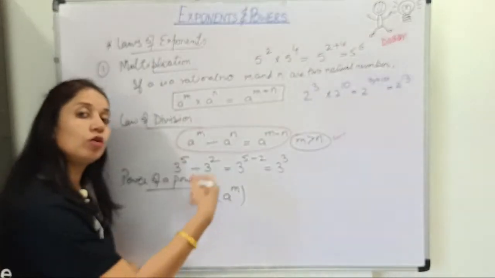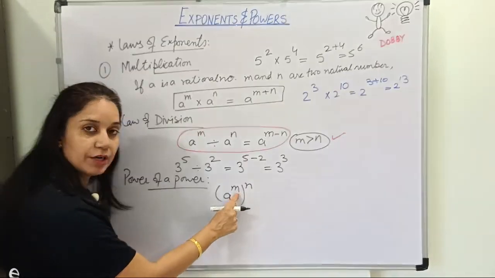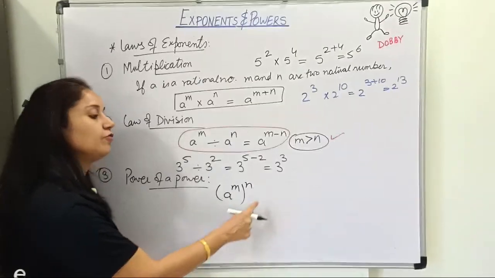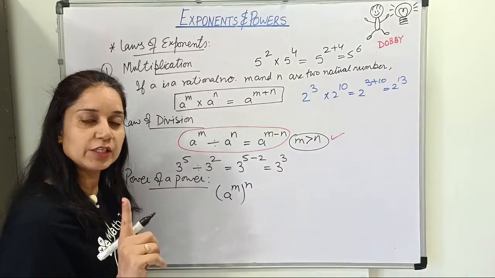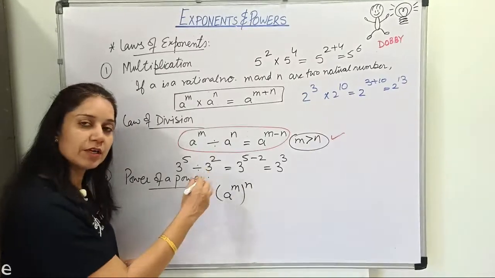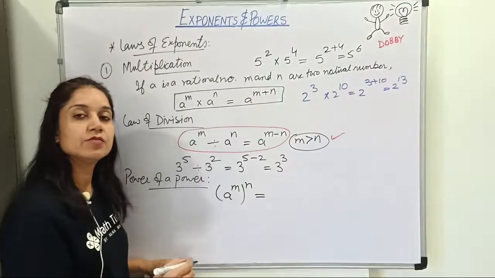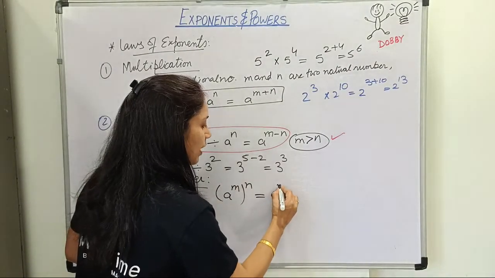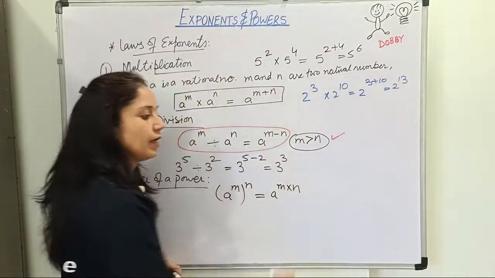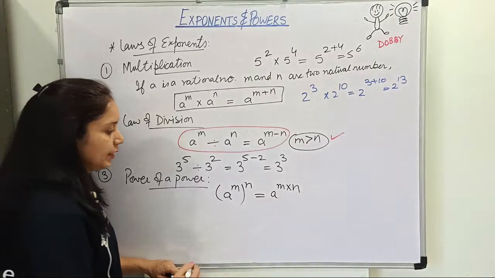It has one more power on it. Power of a power. Already there was one power M and one more power now N. When one base, one rational number is having two powers, one upon another, in that case we multiply the powers. It becomes A raised to M multiplied by N. Take an example.